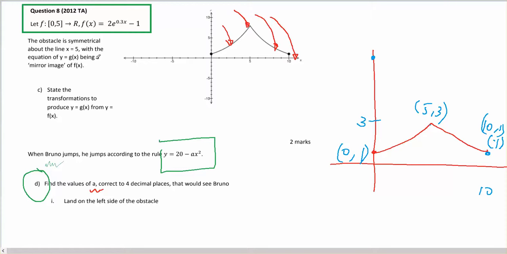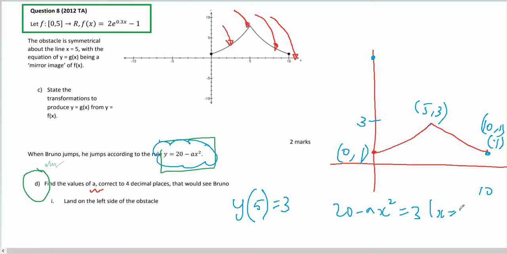Now, if the rule that we're following is this rule here, then y(5) = 3 will mean that 20 minus ax squared equals 3 given x equals 5. Solve that for A, and that will tell you when Bruno lands exactly at this point here.